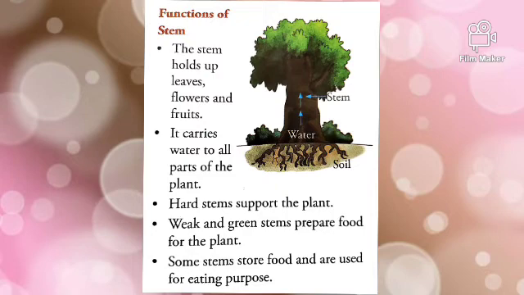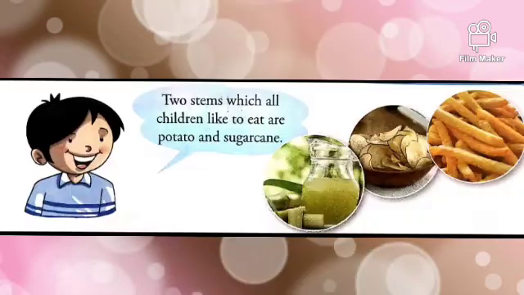Third, hard stems support the plant. They help the plant to stand straight. The next function is that weak and green stems prepare food for the plant. And the last function is that some stems store food and are used for eating purposes.